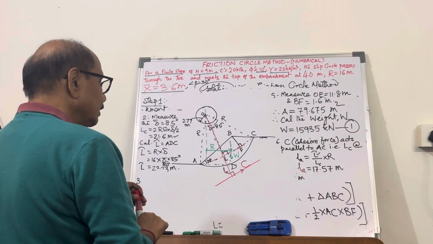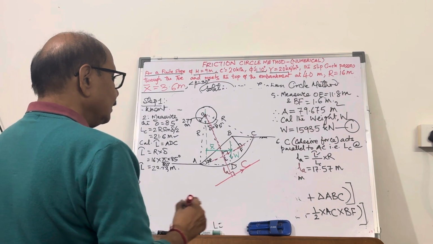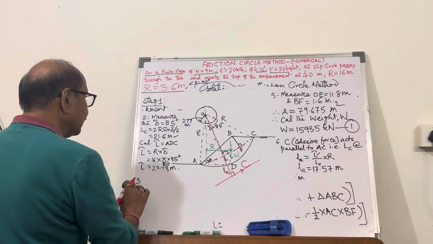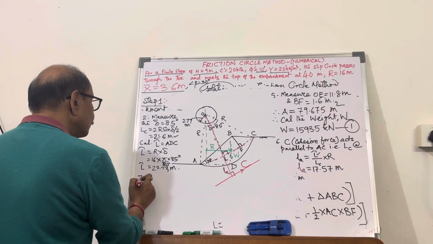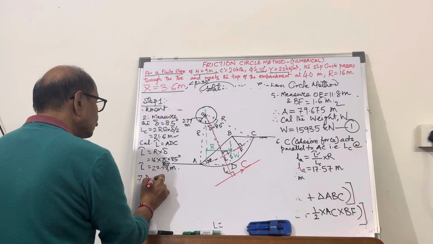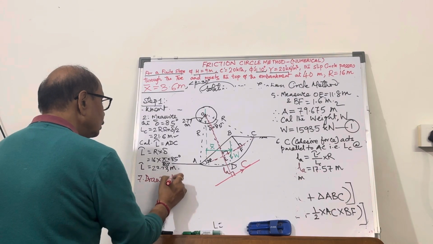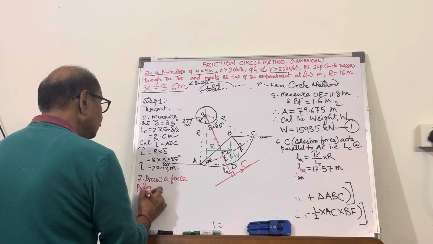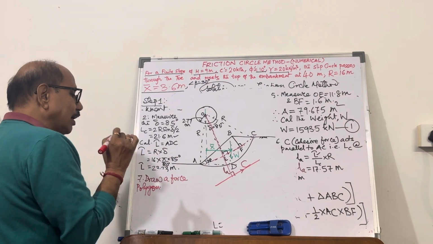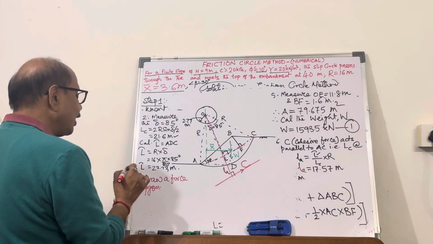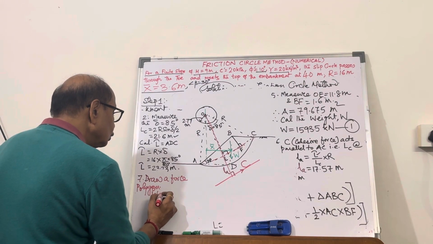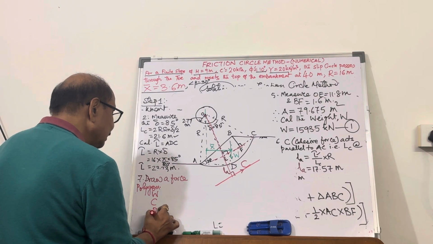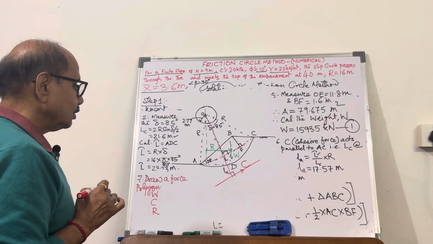Now you can draw a force polygon. So next step is to draw a force polygon. You require three forces. For drawing this, you require W, you require C, you require resultant intergranular force.